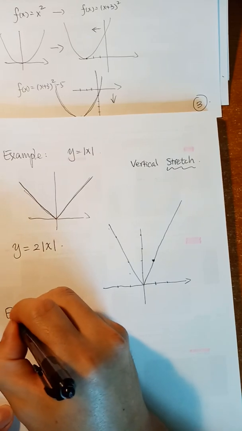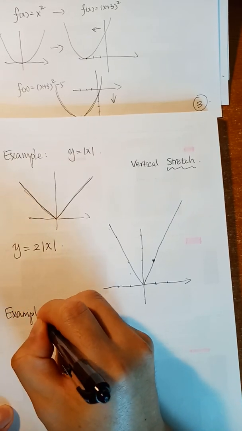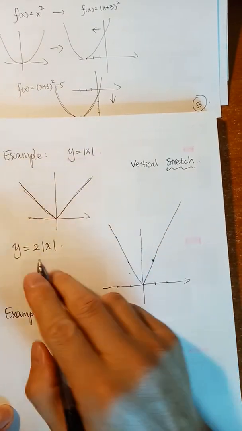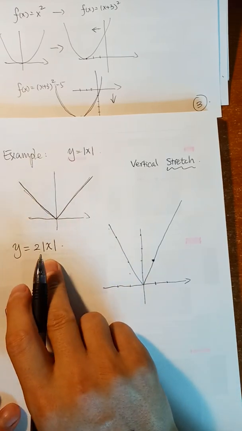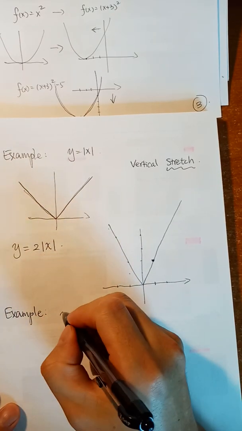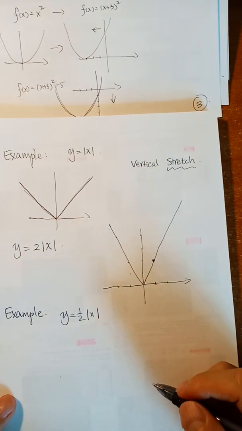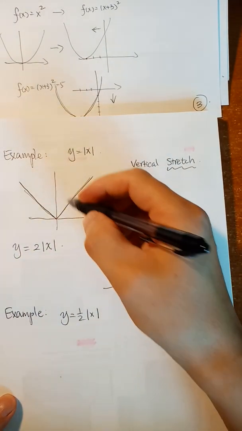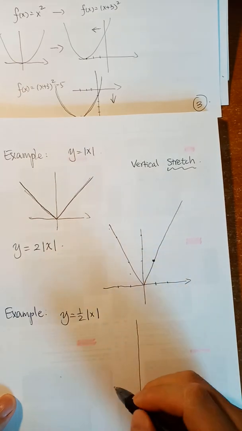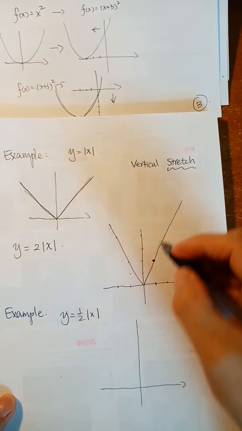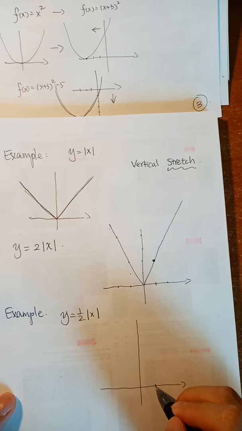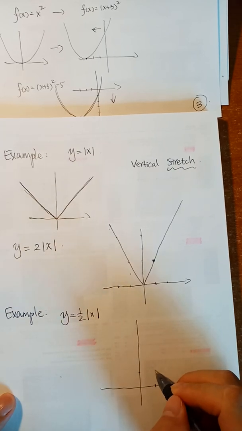And if we do not study the graph of y equal to 2 times the absolute value of x, we study y equal to 1/2 of the absolute value of x. Then what's that? You get a similar process, but a different graph. When you have 1, absolute value of 1 is 1, but times 1/2, it becomes 1/2.